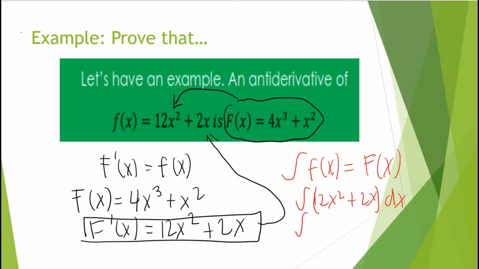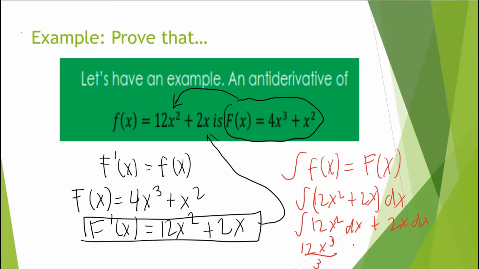By taking the integral of each function, 12 and then we have x to the 2 plus 1 is 3 over 3, plus the second function, 2x, 2 x squared over 2, plus c.